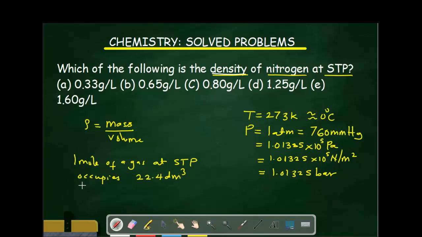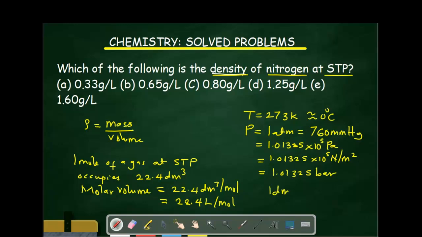Molar volume is equivalent to 22.4 dm cube per mole. In some other cases, you could see it written as 22.4 liters per mole. Another very important point you should know is that 1 dm cube is equivalent to 1 liter.